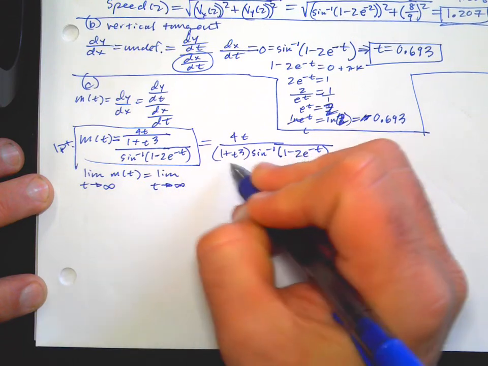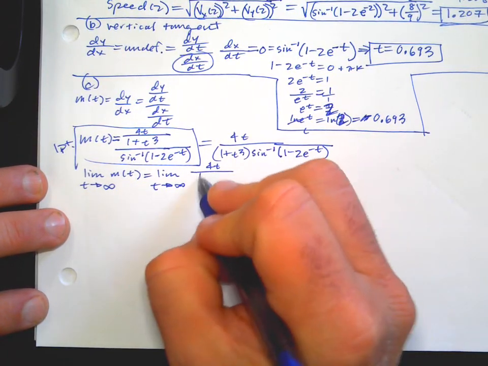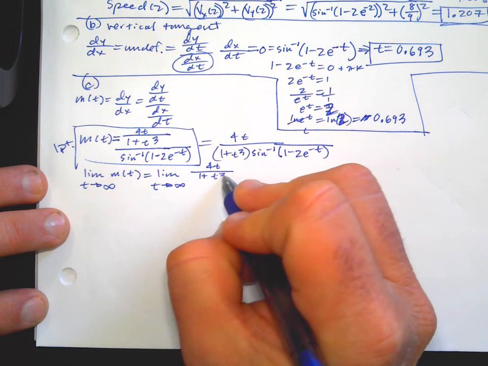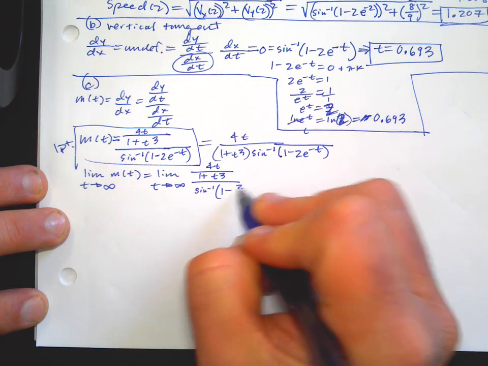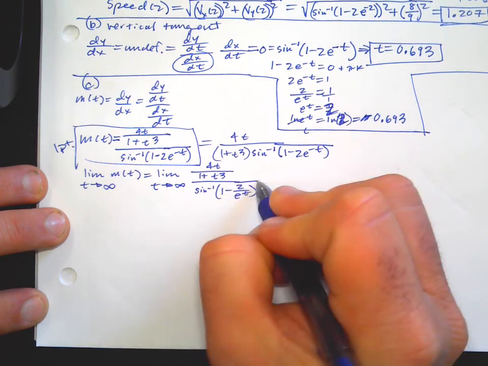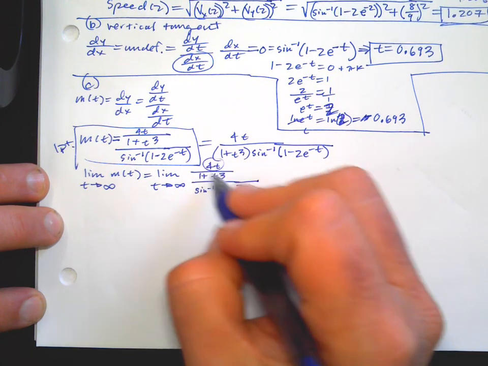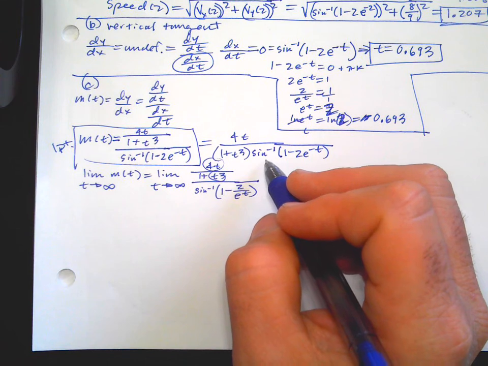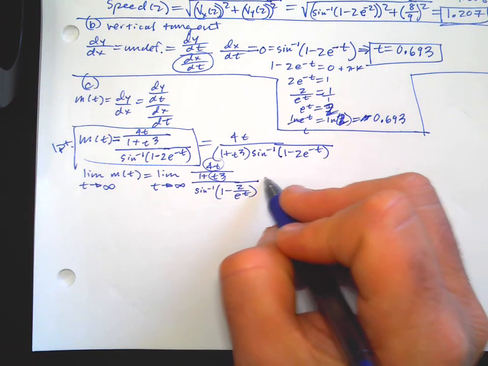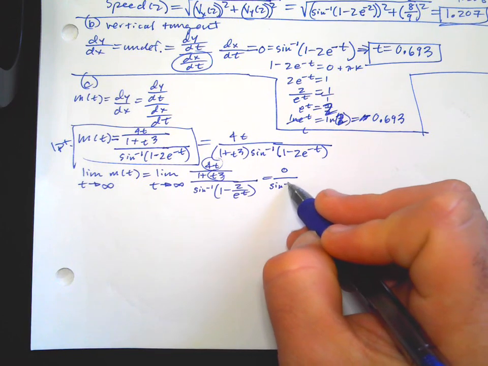So I could just use the original one. I think it would be helpful, at least for this, to think of this as 2 over e to the t. So as t goes to infinity, these are the denominator terms here, but that's going to go to 0, and this is going to be inverse sine of 1.